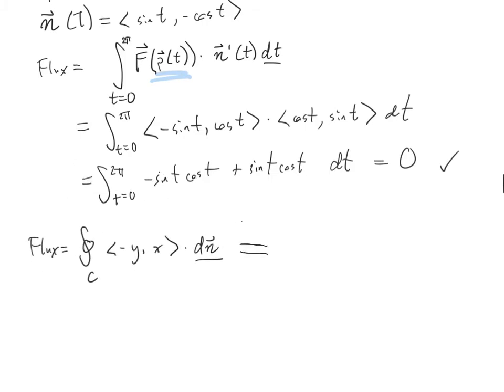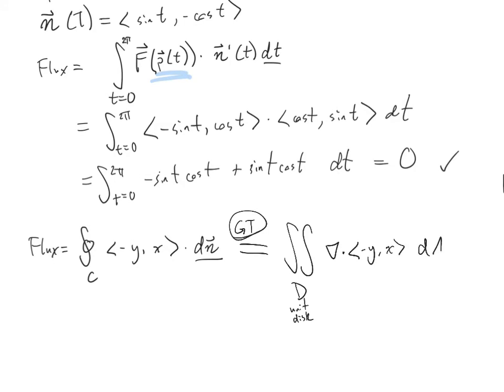So if I use Green's theorem, this becomes a double integral over the unit disk of the divergence of this, so nabla dot minus y, x, which is F, dA. And now nabla, this, let me scroll up a little bit more.